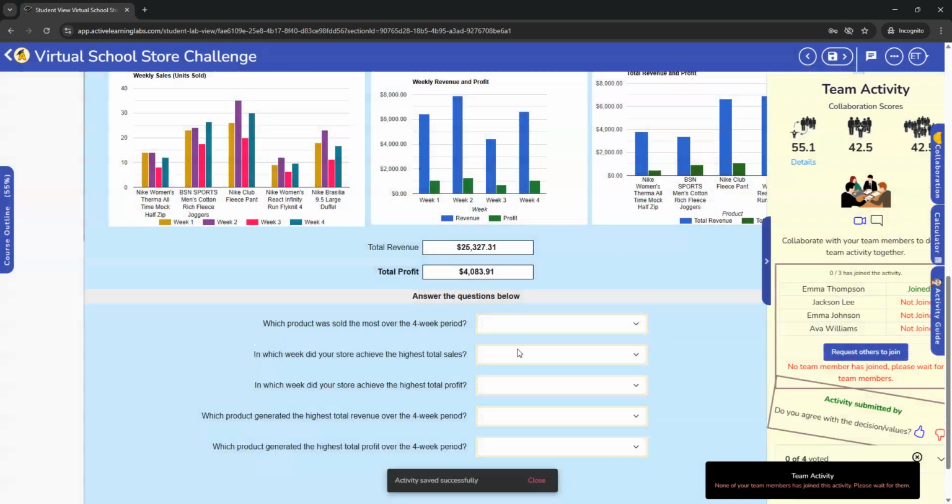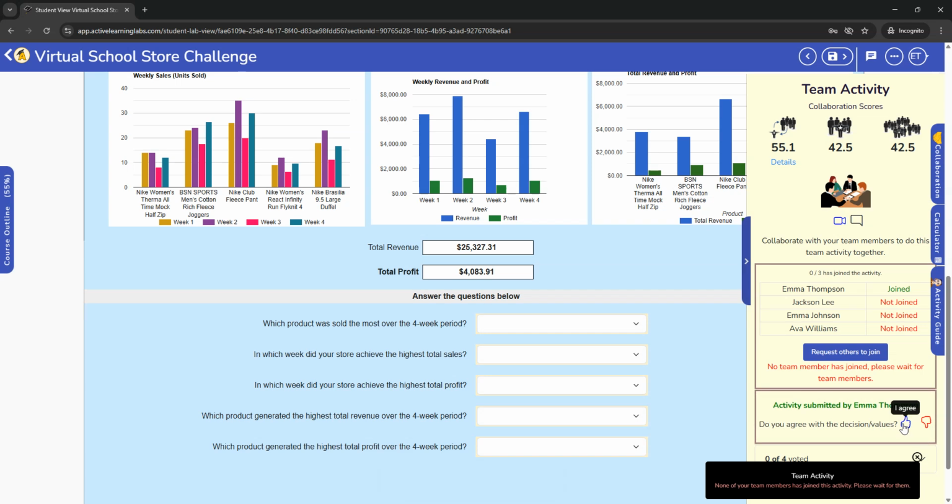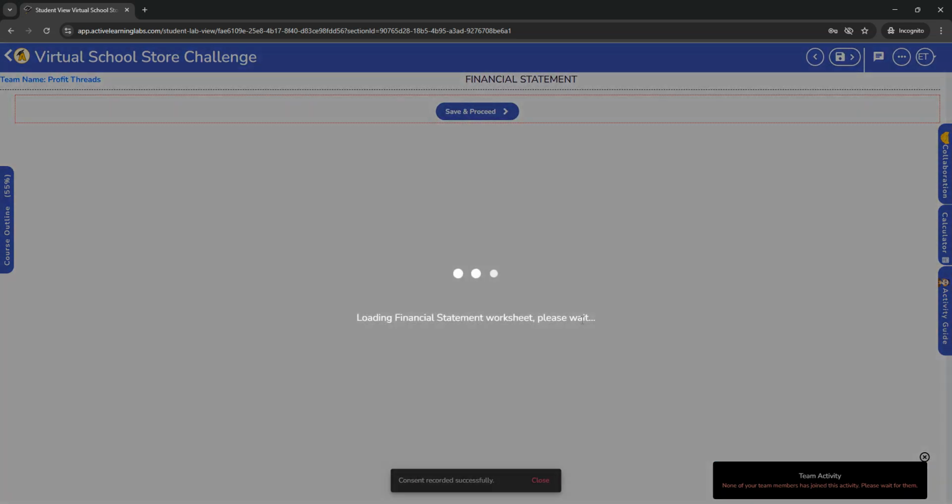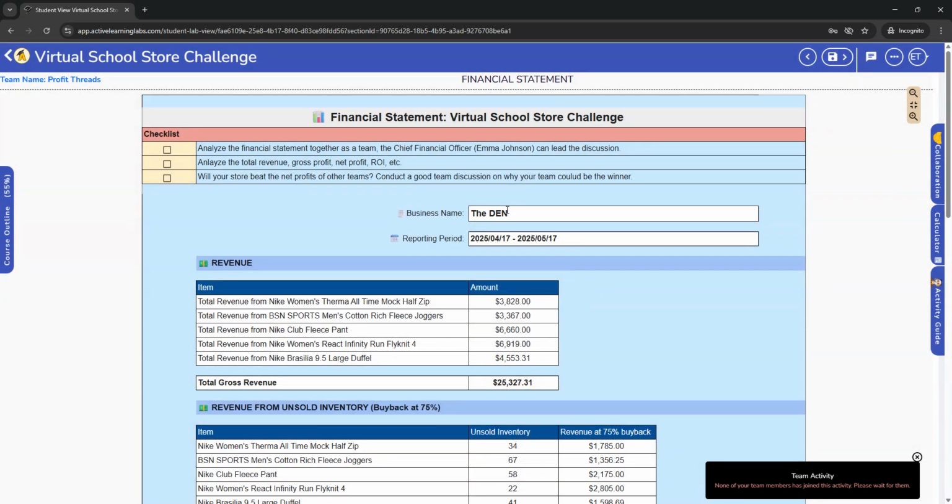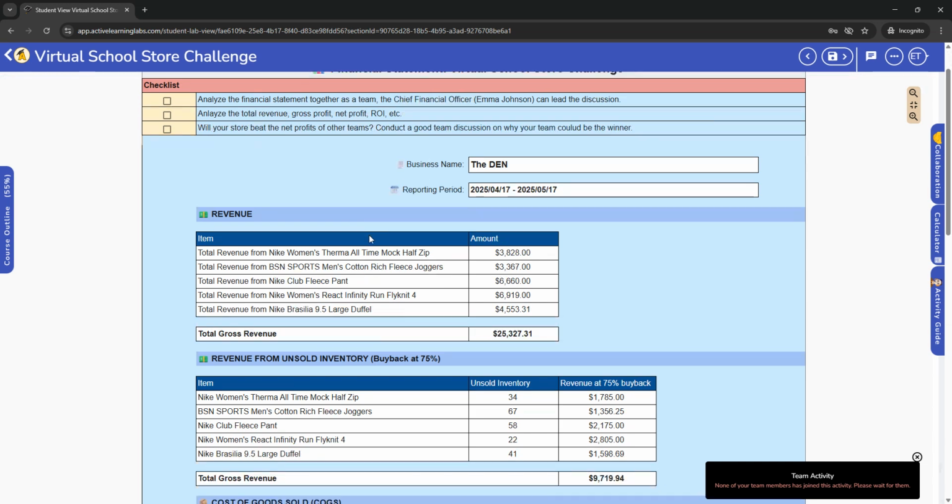And let's go to the next activity where they will see a final financial statement for their store. So here is a financial statement. This is their store name, the den, and here's the reporting period. This activity will be led by the chief financial officer.